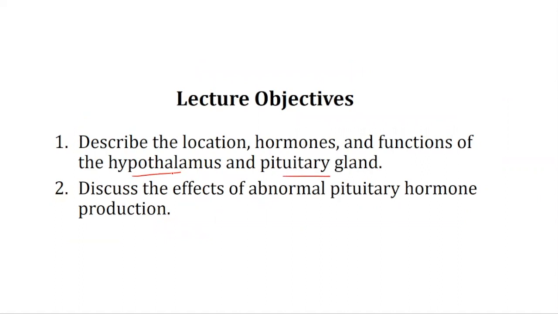There is a close association between hypothalamus and pituitary gland. We're going to talk about the location of these organs, relevant hormones, and functions of the hormones and each of these organs. Also, we are going to talk about one anomaly that can happen in the pituitary gland and the related hormone production.